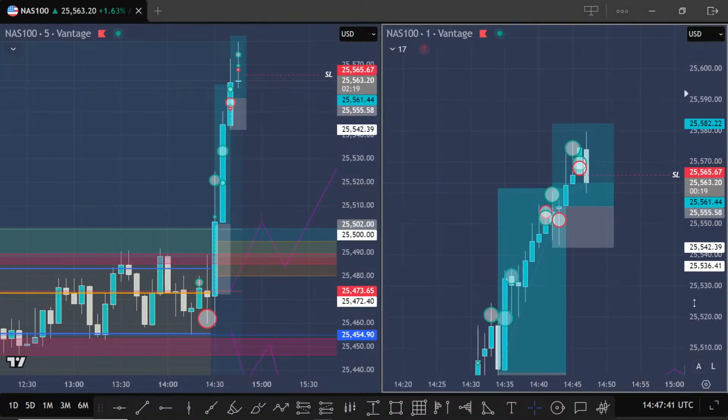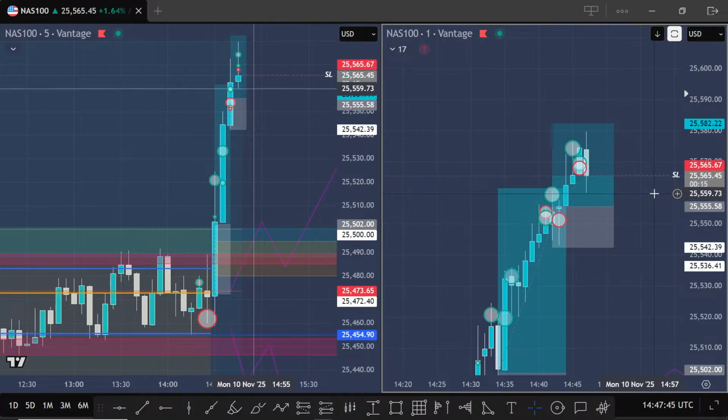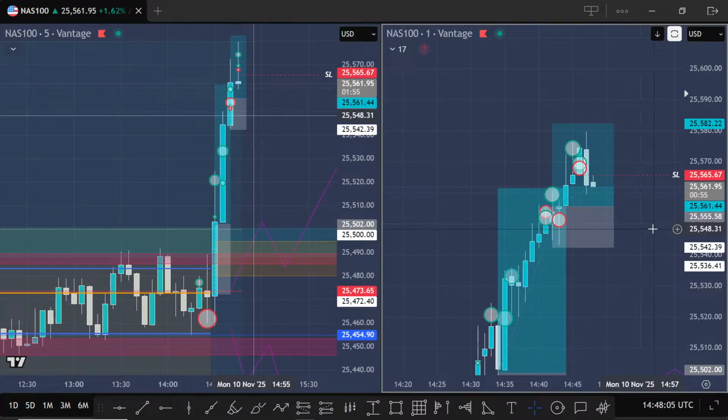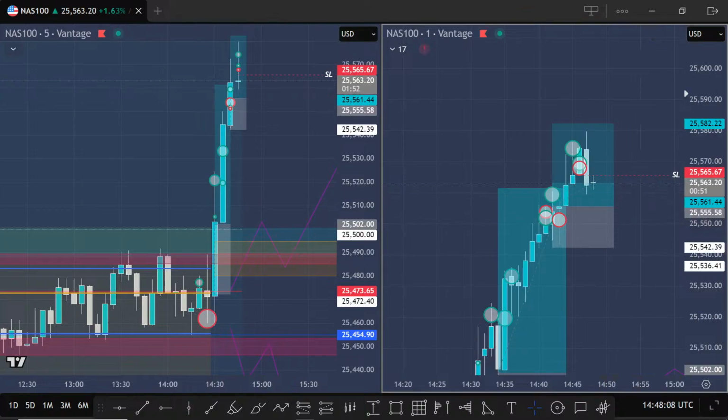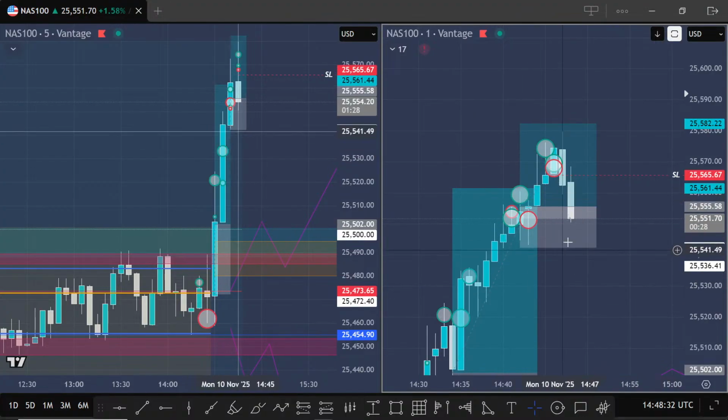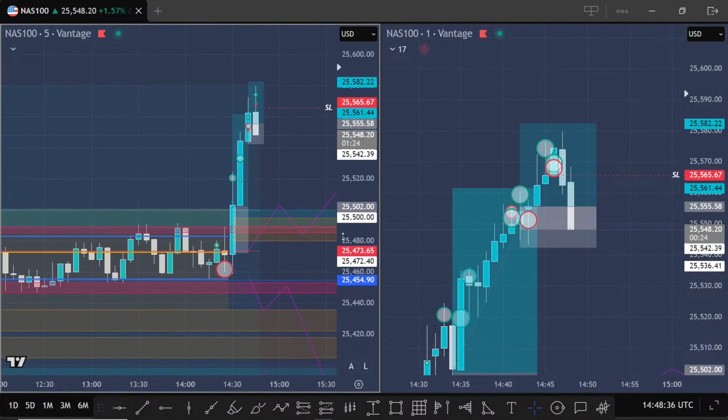I don't want to see a retracement. I want to see if we get any big trades defending this level here, or otherwise I think we're going down considerably from here.